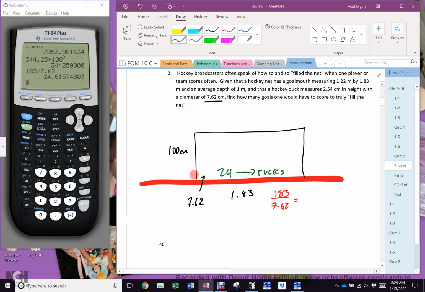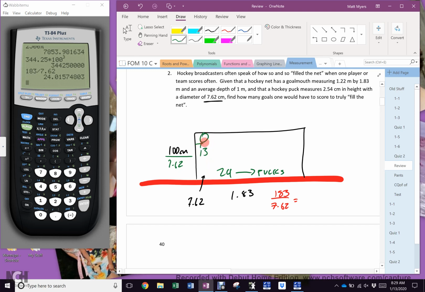How far back can I go? 100 centimeters. I'm cutting it into puck distances. What is it? 100 divided by what? 7.62. And what do I get? So I can have 13 pucks going backwards, yes?